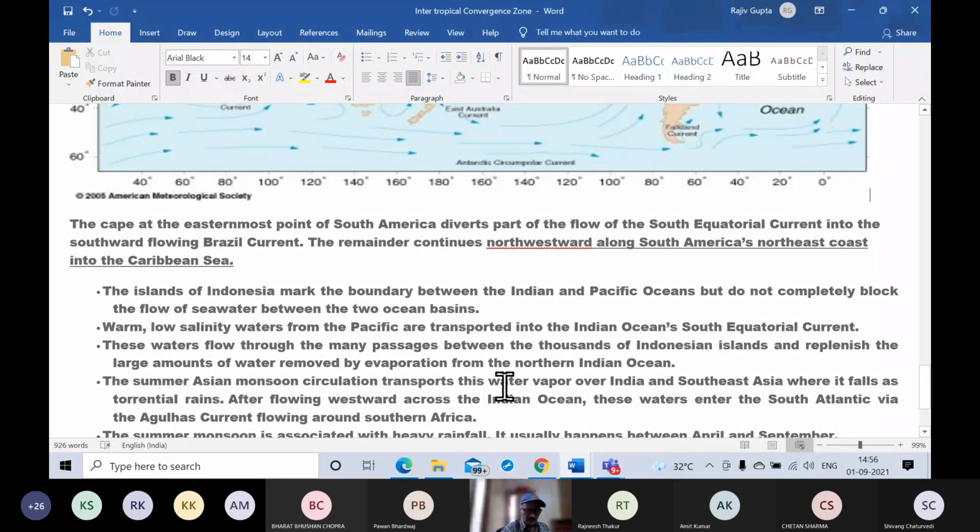The islands of Indonesia. Indonesia is completely made up of islands. This marks the boundary. Of course, the boundary is not drawn, but these islands mark the boundary between the Indian and Pacific Ocean. They do not completely block the flow of seawater, but they do cause interference.